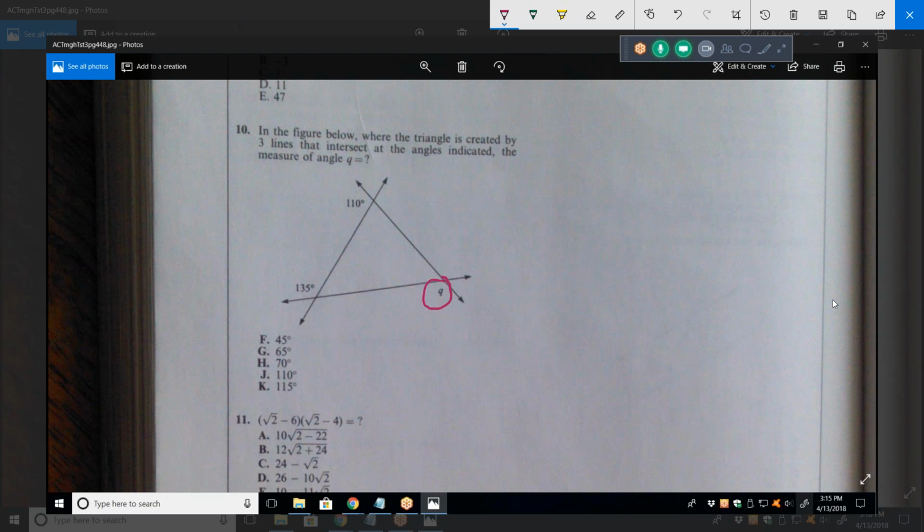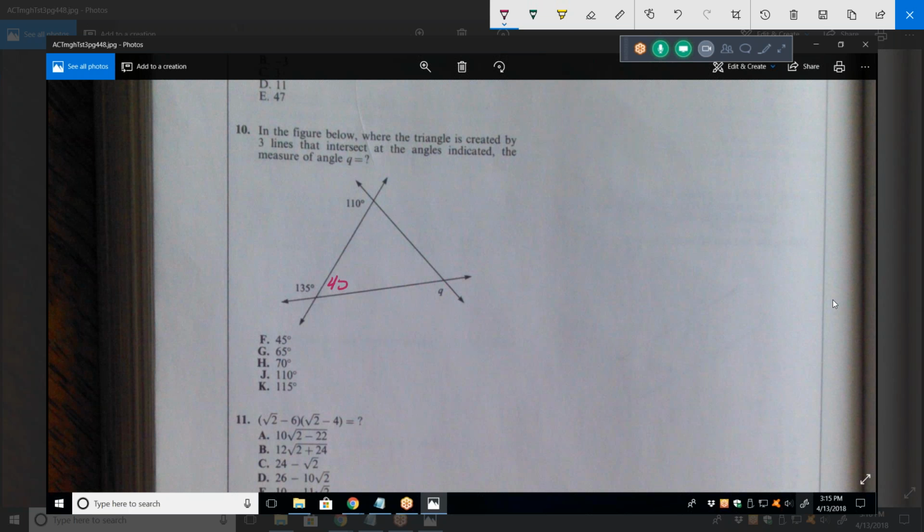Well, using the 135, subtracting that from 180. What is this angle right there? So that angle is 45.